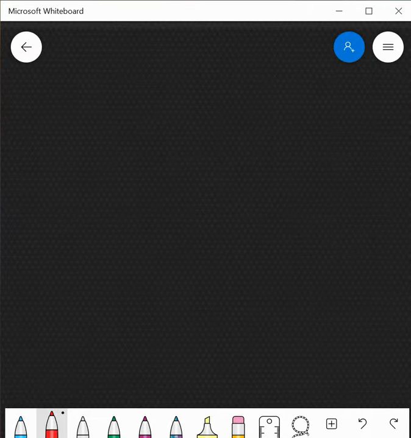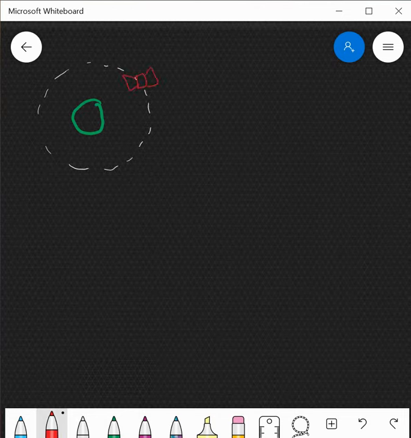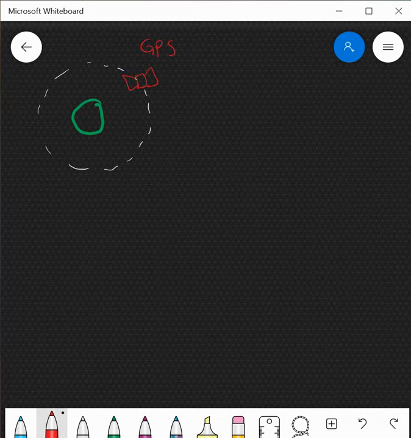Now let's look at an example. For example, let's say we have Earth, then we have the orbit and the satellite here. This is a GPS, Global Positioning System, satellite used for navigation.